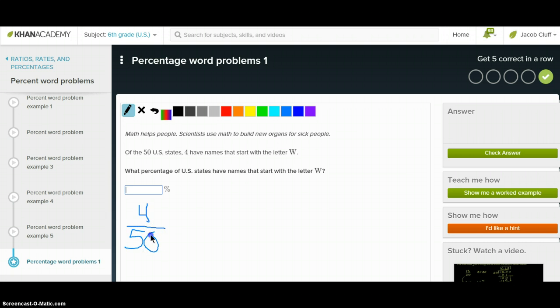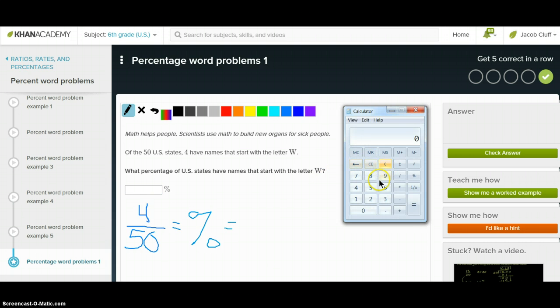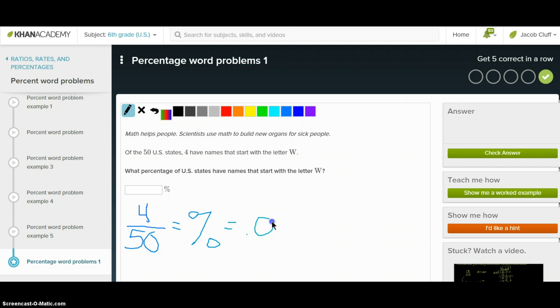Now if we divide 4 by 50, that's going to give us our percentage, and it's going to give us a percentage in a decimal form. So let's try this out. 4 divided by 50 is 0.08. Alright, so 0.08 is 8%.